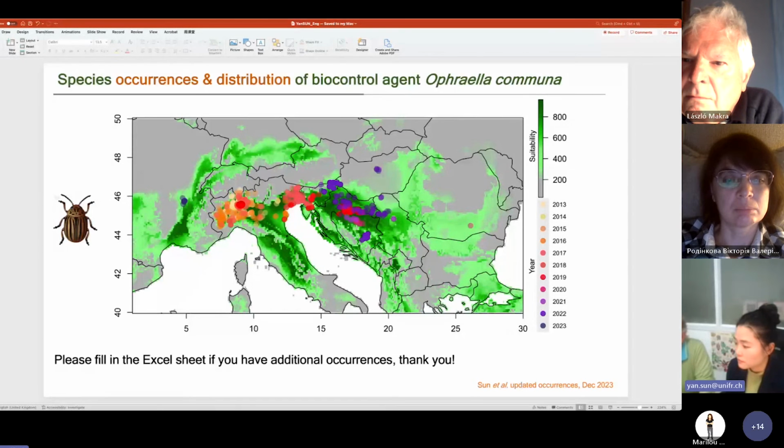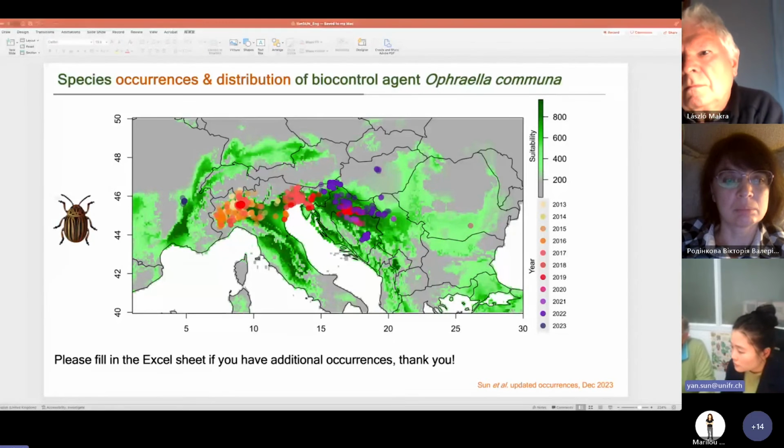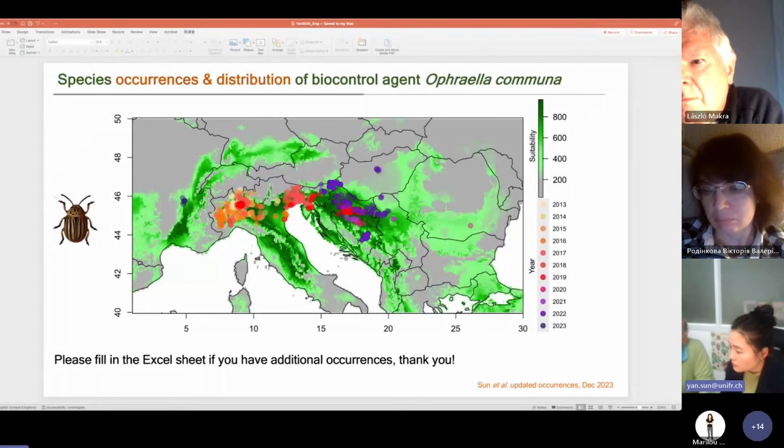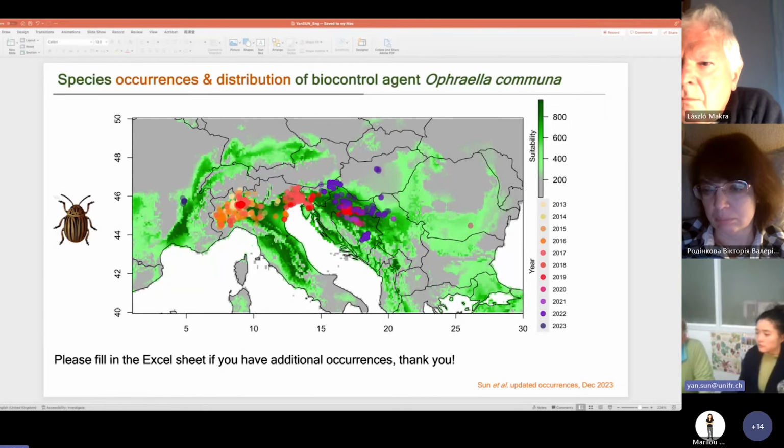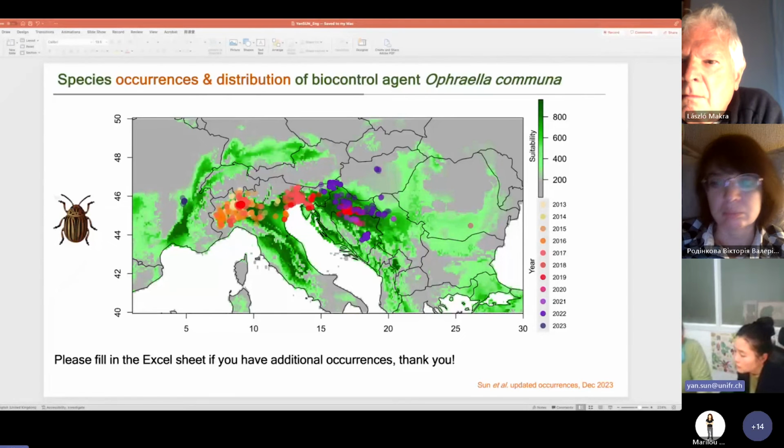So if Ophraella is distributed by air freight or people, it can easily land there, even if it's not the most suitable habitat, because they find the plant there. That's why first occurrences are often directly related to human activities, in this case trade or human transport.